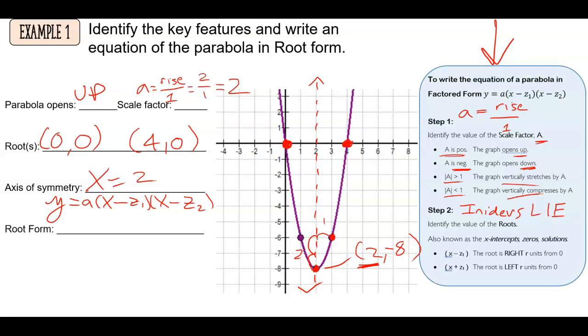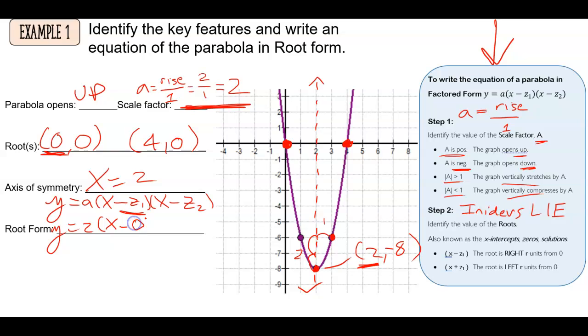And then all we gotta do is plug in a and my 2 roots. So what is my a value? We got it up here, it's 2. Now I'm gonna put x, and then remember, insiders lie. What's the opposite of my first root? Well, it's a 0, so minus 0 plus 0, same thing.